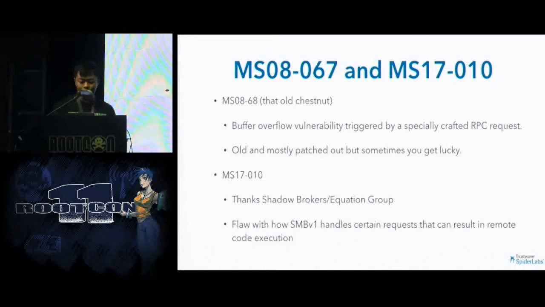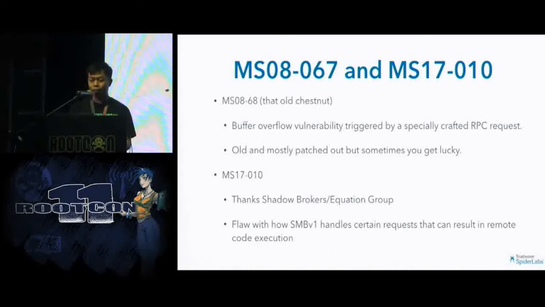The other two things that Portia tends to exploit or scan for are MS08-067 and MS17-010. MS08-067 is pretty old. It's a buffer overflow vulnerability triggered by a specially crafted RPC request.